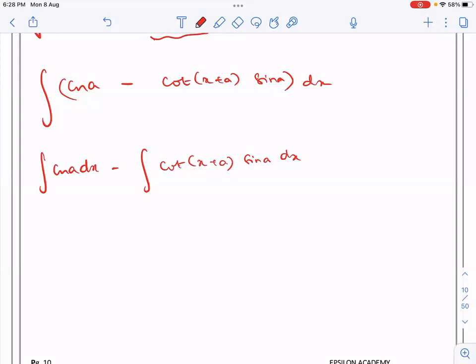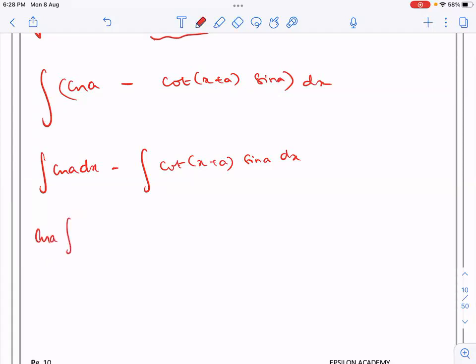Hey, it is not cos x dx, it is cos a dx. A is a constant. It will come out of the integral. Don't get confused.